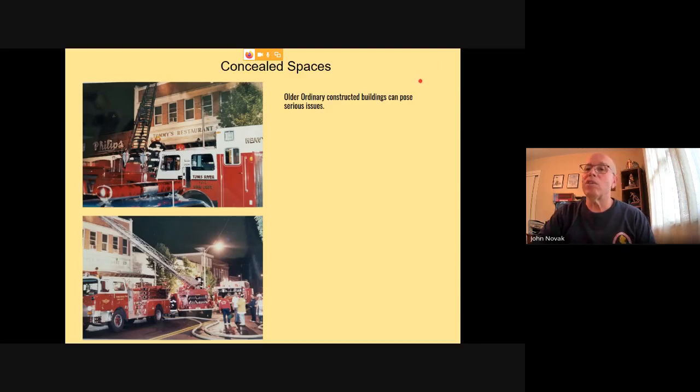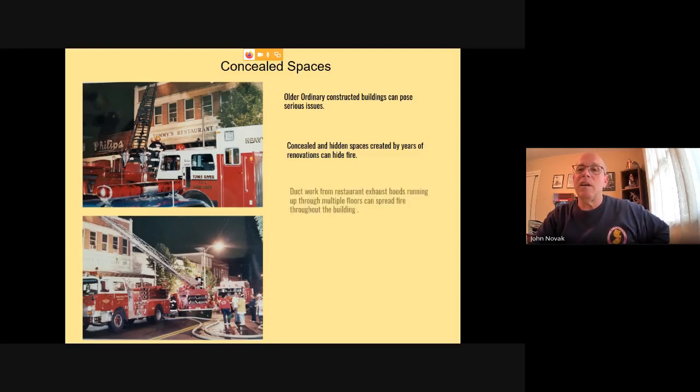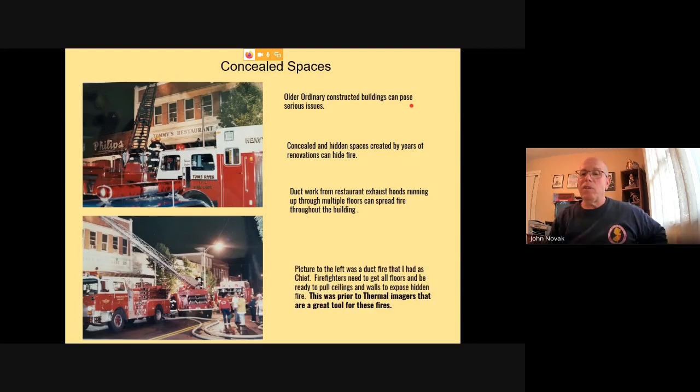Ordinary older construction poses serious issues. Concealed, hidden spaces created by years of renovation can hide fire. In this case, ductwork from restaurant exhaust hoods running up through multiple floors can spread fire throughout the building. The picture to the left was a duct fire that I had as a chief.